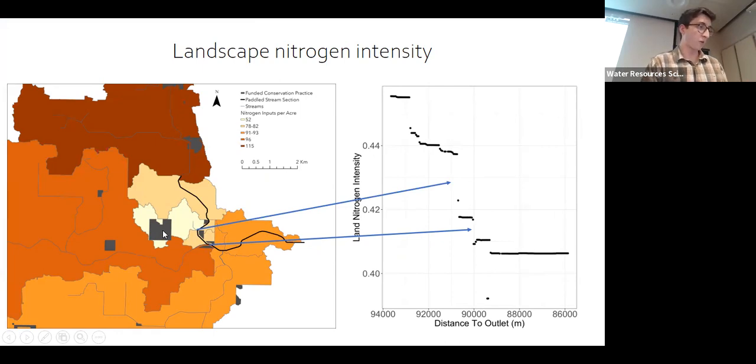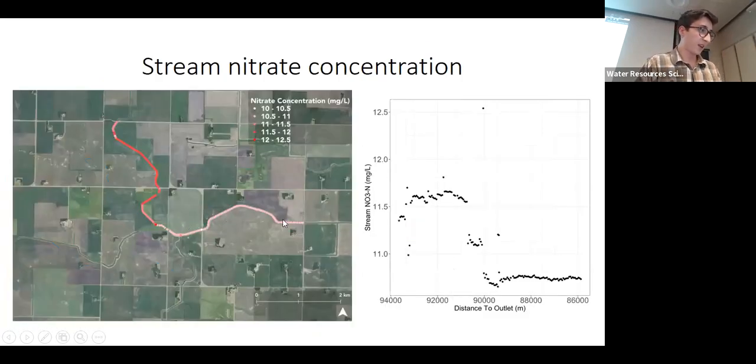So it's perennial crop, perennial grasses rather than corn and soybean, which makes up most of the other areas. So you see this has the effect of having lower applied nitrogen in this landscape. And if you go back here, we see that when we paddle through this confluence, we see this drop in nitrate concentration.